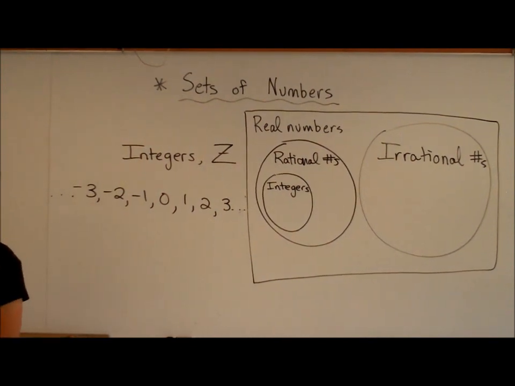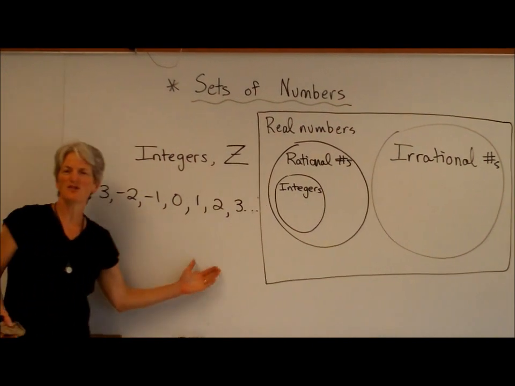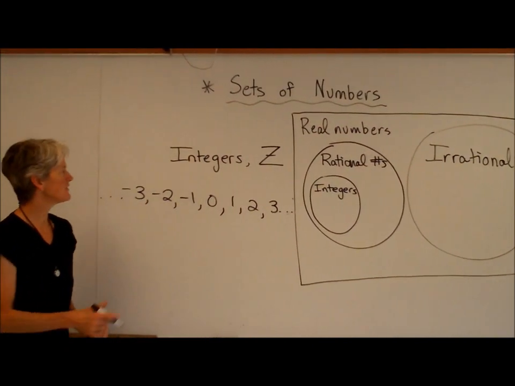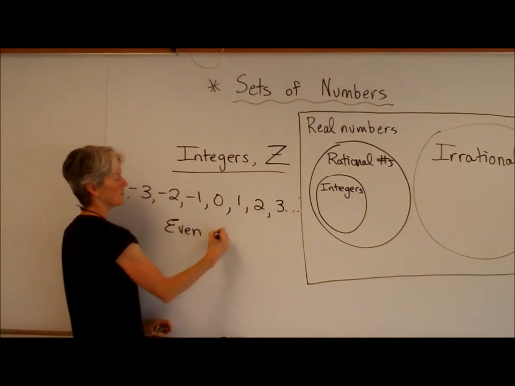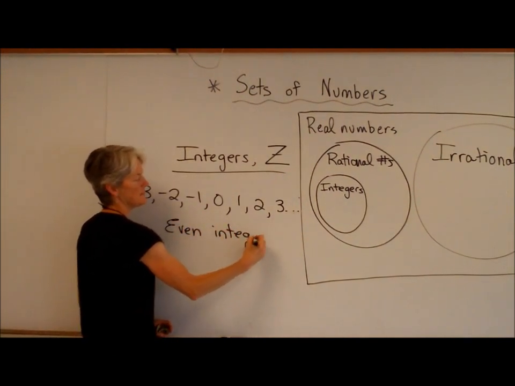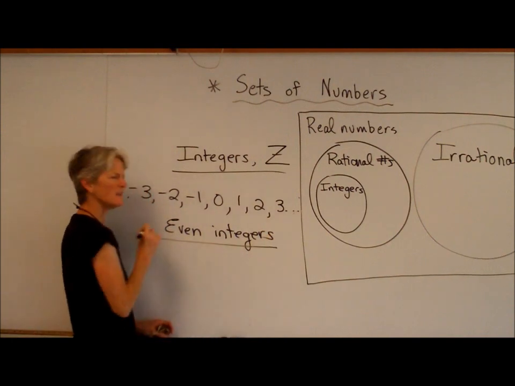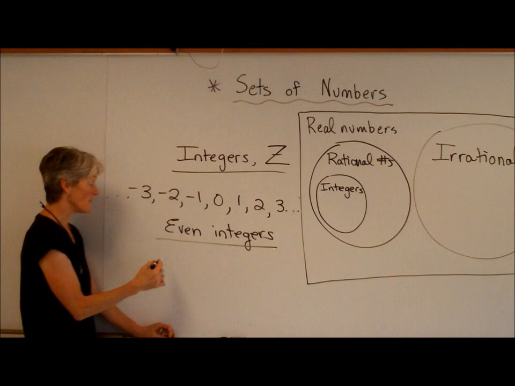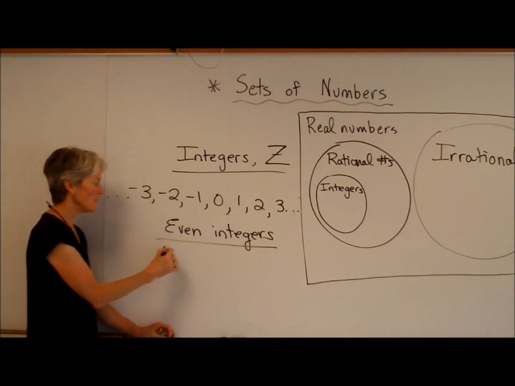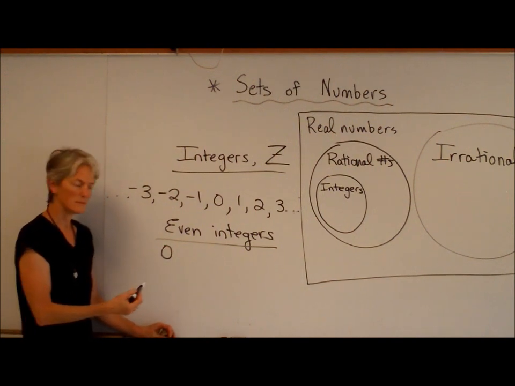There are other sets of numbers too. There are even integers and odd integers. Let's make a list of some of our even integers. Usually when you say even, you're not talking about the negatives. But believe it or not, 0 is an even integer.